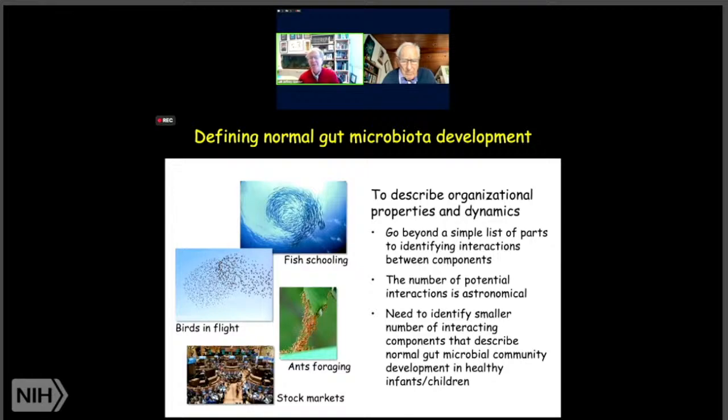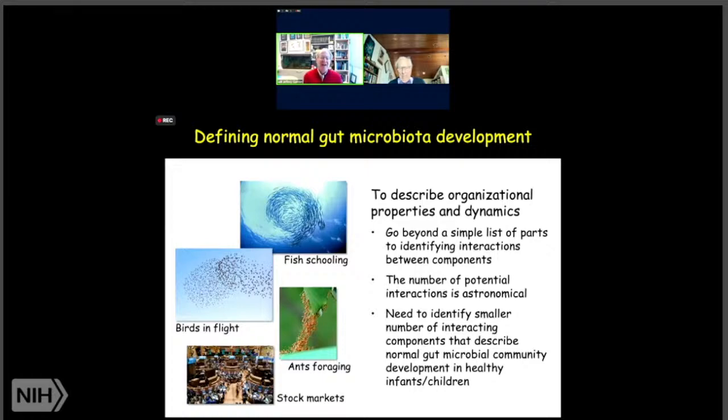Now you might ask, why, Jeff, are you describing this need for looking at interactions? So I'll try to paint a picture of why by going to macro ecosystems and even human behaviors. So imagine if you only focused on individual fish and discarded any consideration of their interactions, you would never appreciate the concept of fish schooling.